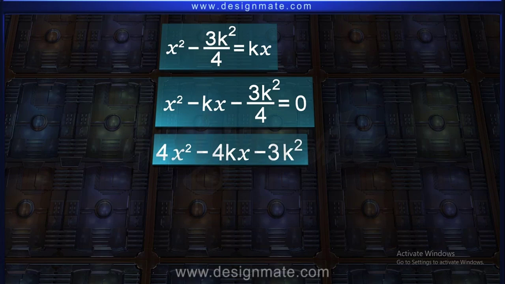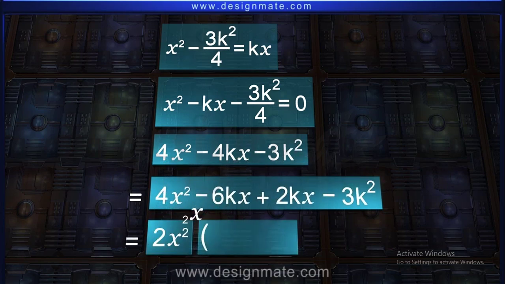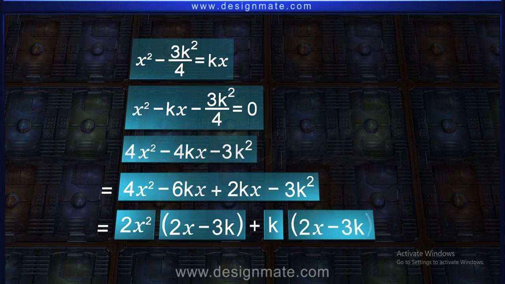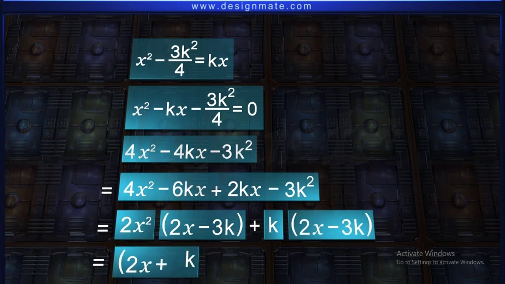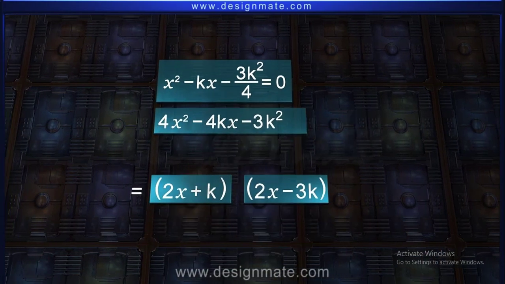By factorization, 4x² − 4kx − 3k² = (2x + k)(2x − 3k).